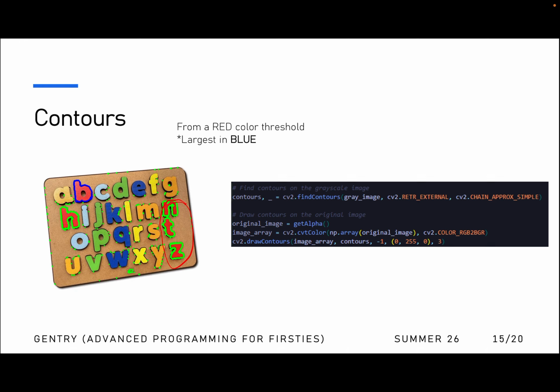And then what we're doing is we're taking the largest contour, which is that B, and we're changing it to blue. So the nice part about this is we can find all of the contours in an image, and then we can take that image array and we can draw the contours on it. So we have our original image just with contours.